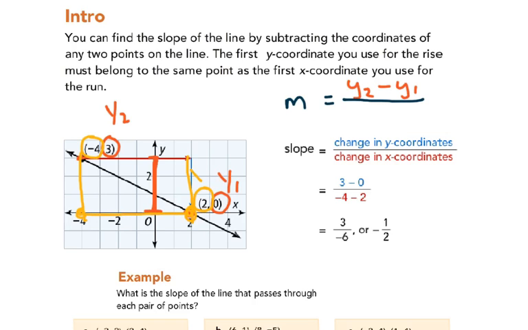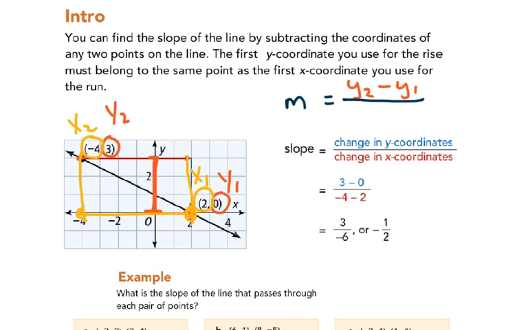So I'm going to call this my x1, my first x-coordinate, and this one is going to be my x2, which means the second x-coordinate. So here you can see that we did the x2, negative 4, minus the x1, which was 2.